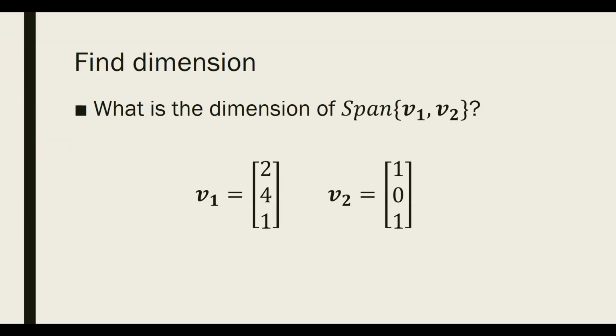Now, obviously, we're not going to be interested in just Rn or P sub n. We're going to be interested in lots of subspaces of Rn. For instance, we can calculate the dimension of the span of these two vectors. Let me just argue about what it's going to be.